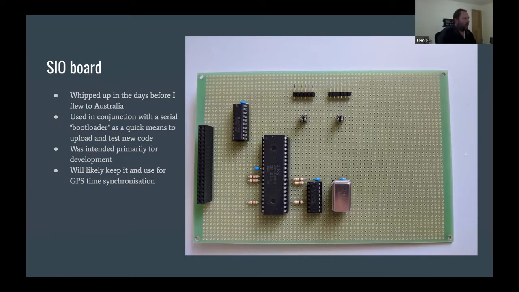It was primarily intended to be used for software development, but I think I'm going to end up keeping it. And we'll see if I can hook it up to a GPS module to keep the time in sync, because I've noticed that the real-time clock lags behind a little bit.